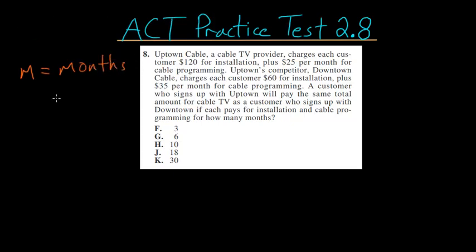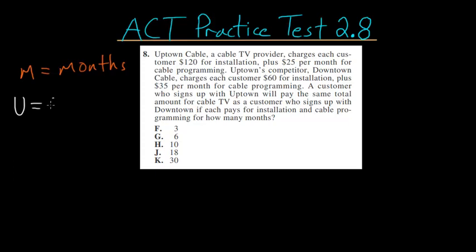And now we just have to set up our cost equations for Uptown Cable and Downtown Cable. So let's start with Uptown Cable. I'll say U for the cost of Uptown Cable is equal to, we have $120 for the installation plus $25 per month for cable programming.